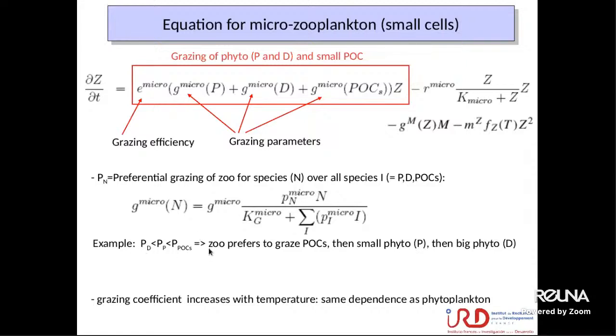I put it at random, but it's possible to give some preference, some more weight, to different stocks of food for the microzooplankton. Also, in this J, there is a dependence on temperature. So when the zooplankton is in warmer temperature, it needs more food. It needs to eat more to grow at the same pace.